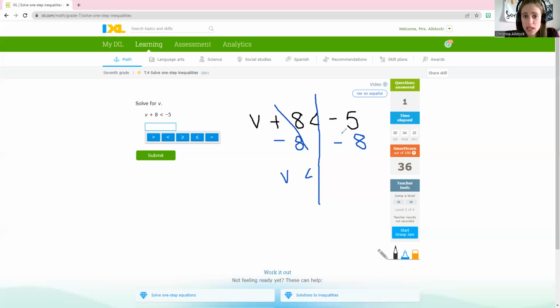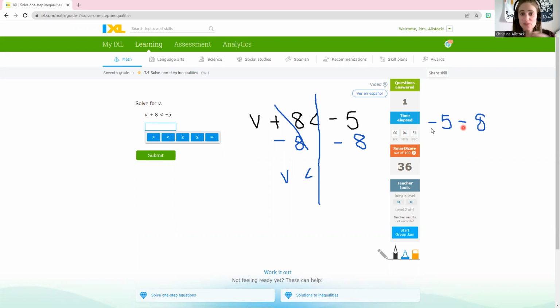If the positives and negatives are still tricky for you, you may want to write this off to the side horizontally, so in a straight line, to help you figure that out. We have -5 minus 8. Remember, whenever we see both a negative and a subtraction sign, if you're not sure what to do, use keep, change, change.